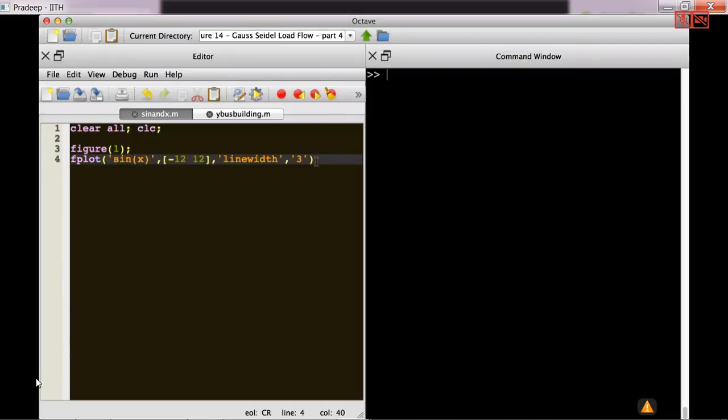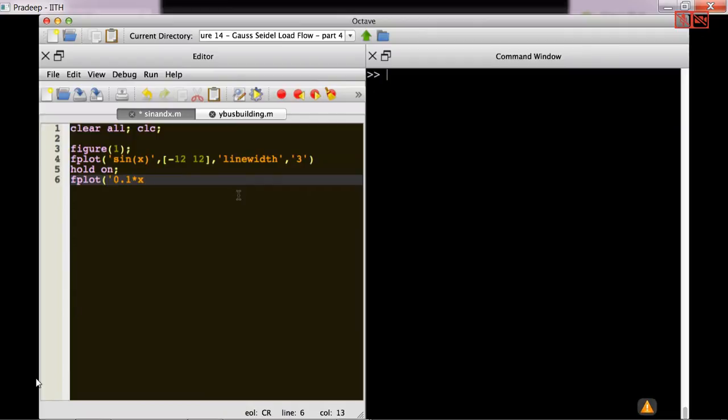Okay, so this is the one function which I plotted. I'll just make hold on and then I'll plot one more function. So I'll show you the plots. Just for the time being, I'm just showing you the code. This one also I'll plot from -12 to +12. And then again I'll try to specify line width.